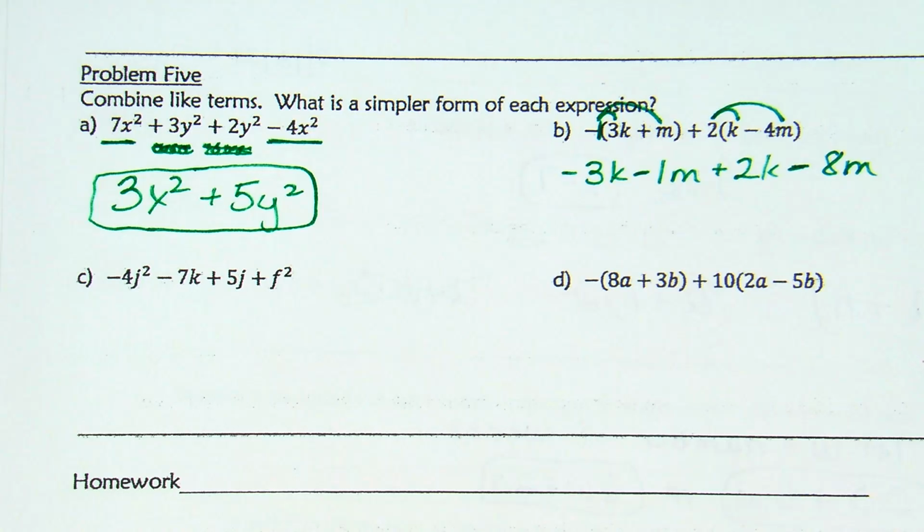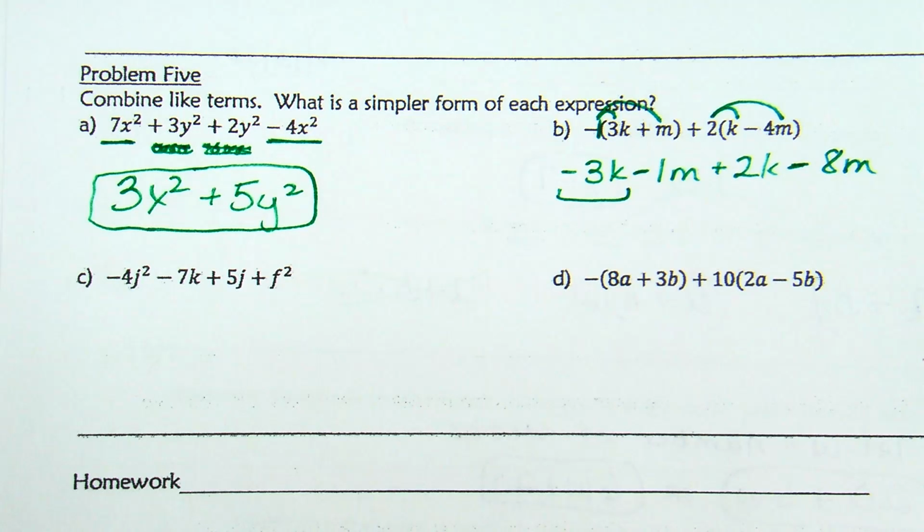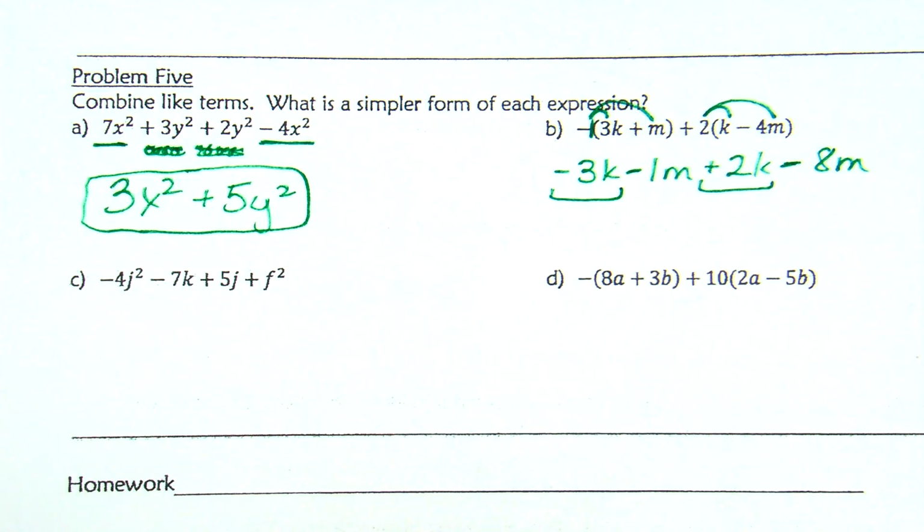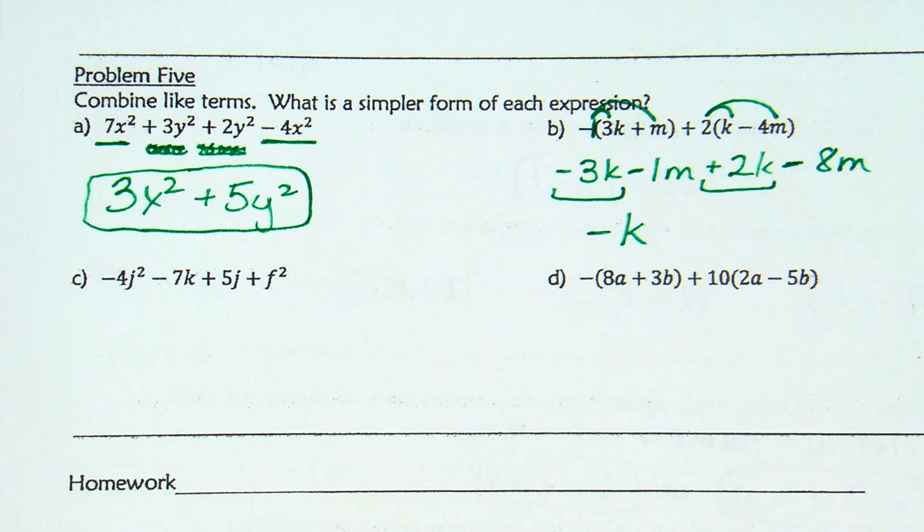We also have -m minus 8m. -1 minus 8 is going to be -9m. Now, notice I just wrote it as a -9m, right? If it had turned out to be a positive 9m, I'd write plus 9m. Because it worked out to be negative, I just wrote it as a minus. And you're done there, yes?